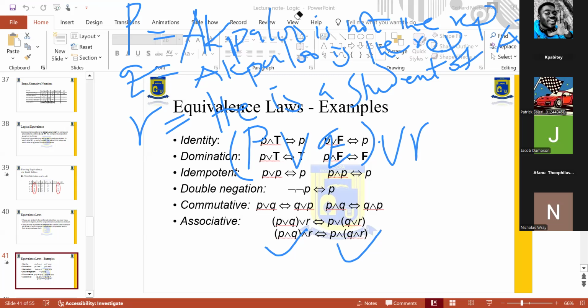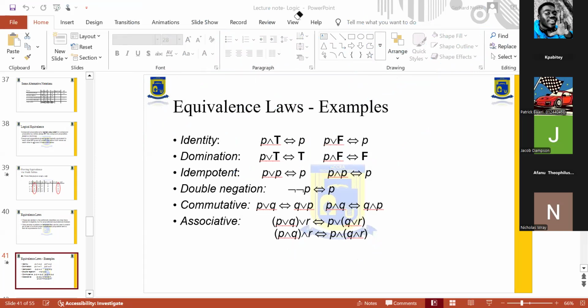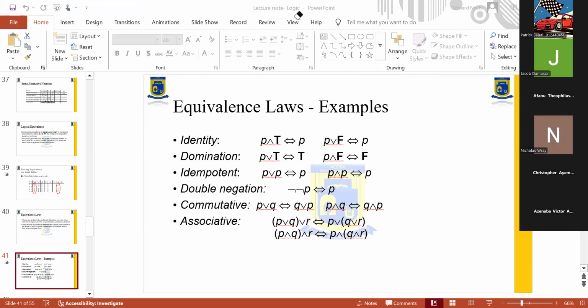Okay, class. So please, do you know what you are going to do for me? Please take a screenshot of the laws, and the last two, commutative and associative. You use truth tables. Please do it as an assignment for me.